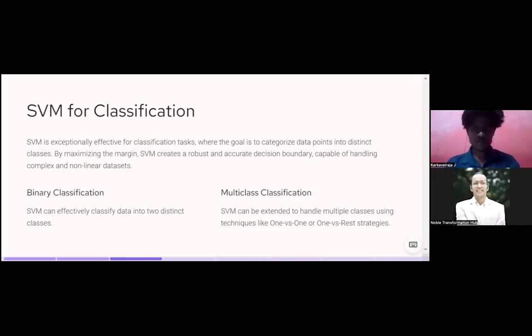If somebody asks what the main aspects for classification in SVM are, you can say there is binary and multi-class. Binary is for two, multi-class is for one versus one or one versus rest strategies. You don't have to remember everything, just the main essence of the concept.